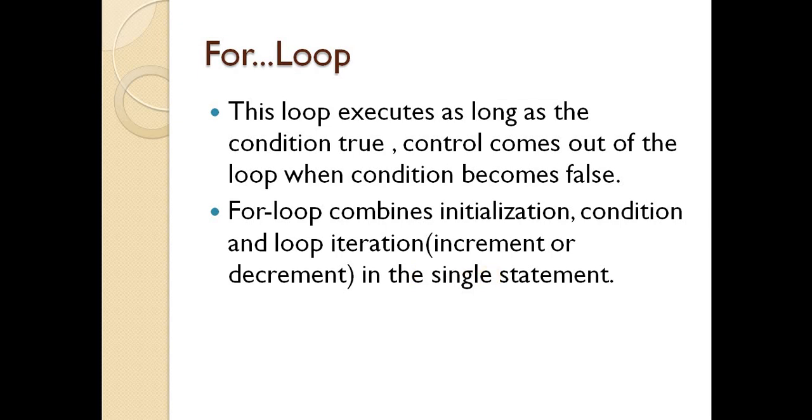Okay, so now very important, for any loop to execute, three things or three statements are mandatory. That is, first is initializing, second is condition, the third one is loop iteration. For loop has a very important feature wherein it allows initializing, condition and loop iteration to be present at a single place.